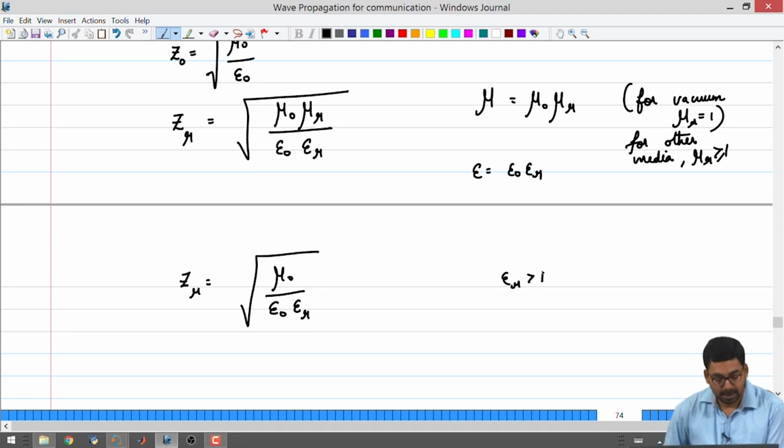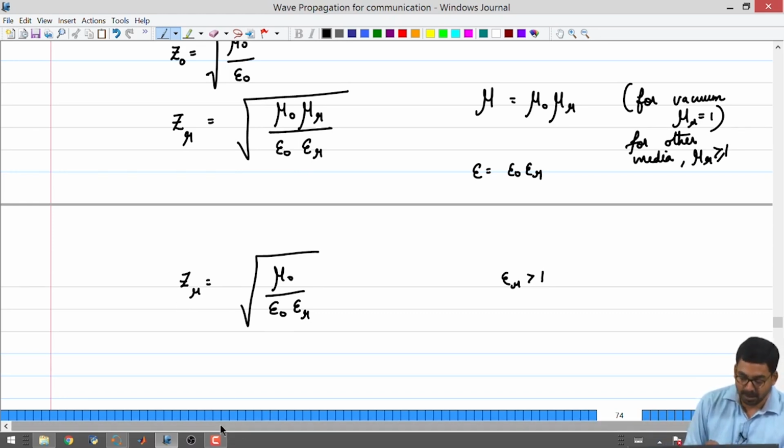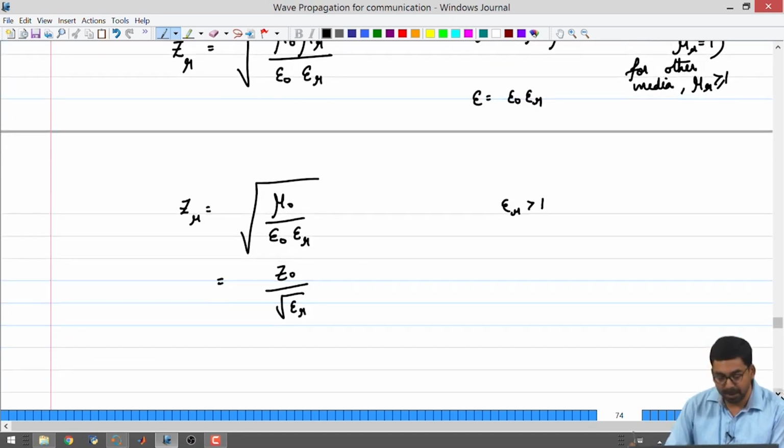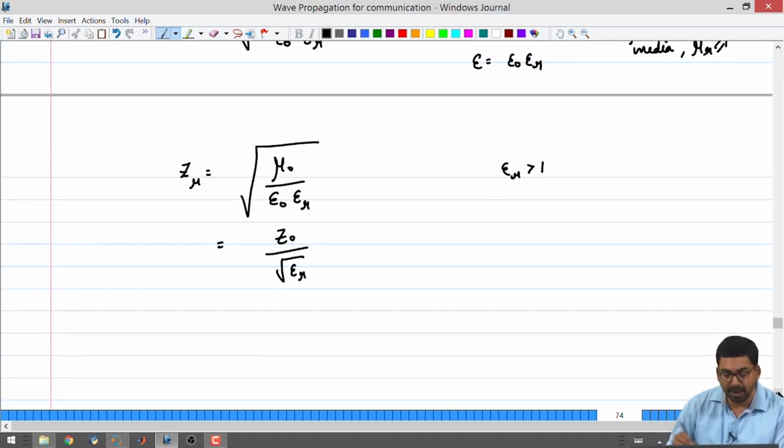What ends up happening is that for the material medium you have Z naught divided by the square root of epsilon r. So, the characteristic impedance of vacuum divided by the square root of epsilon r.